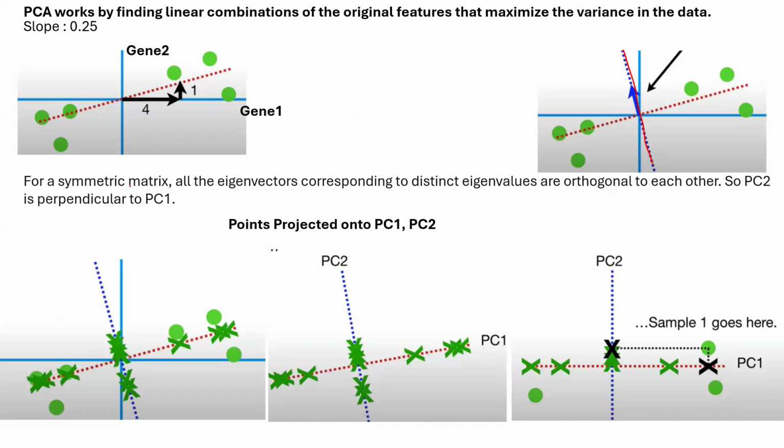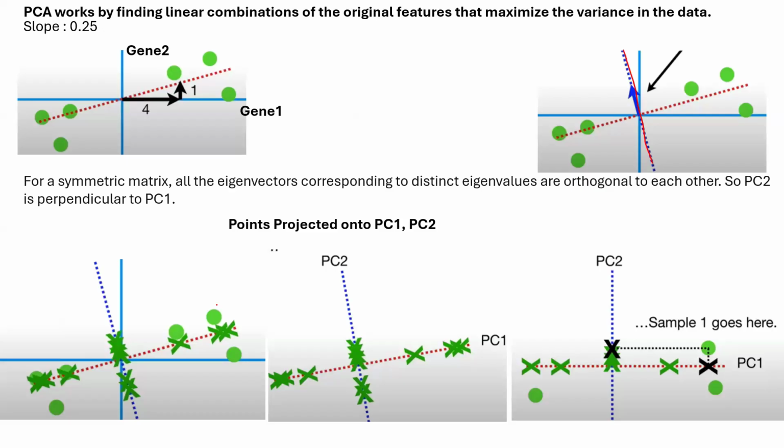The first thing I have said is all principal components are perpendicular to each other. And for a symmetric matrix, all eigenvectors are perpendicular to each other. So that is what I was saying. I'll show you the proof for this shortly, but for now, your takeaway is that all principal components are perpendicular to each other.